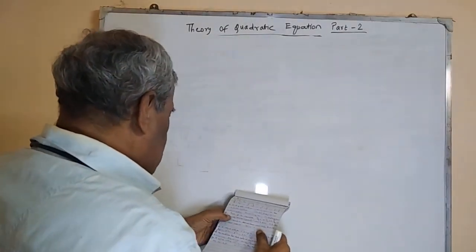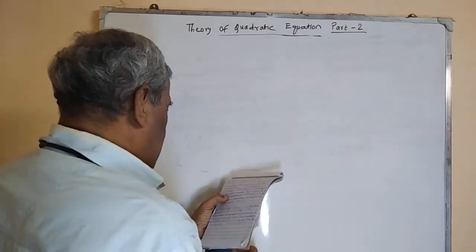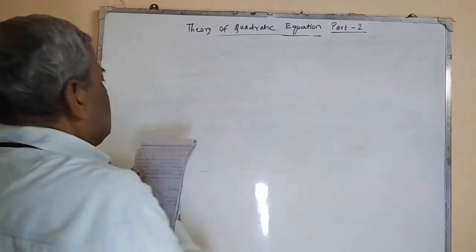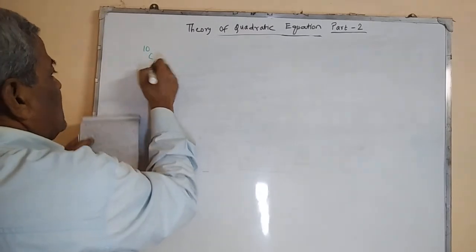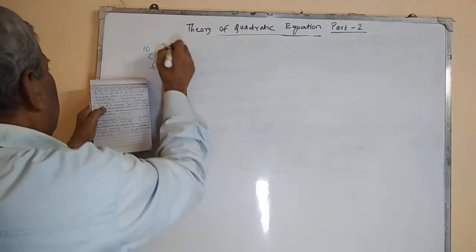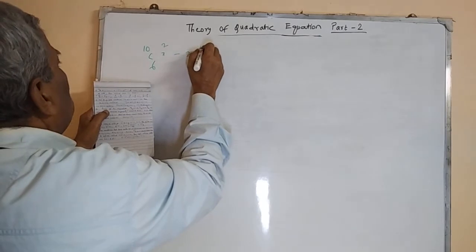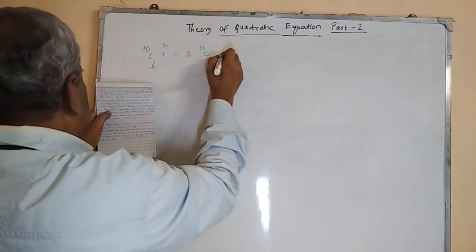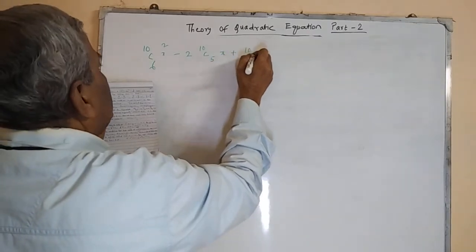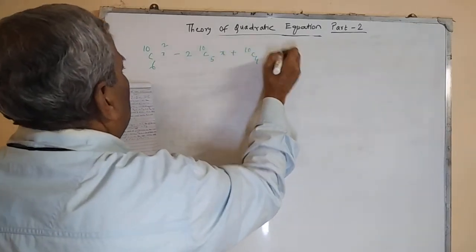So the next problem: the roots of the equation 10C6 x square minus 2 into 10C5 into x plus 10C4 is equal to 0.